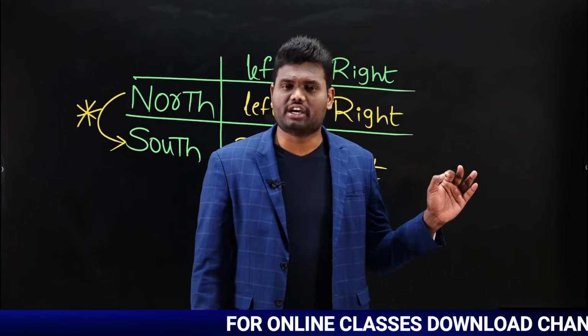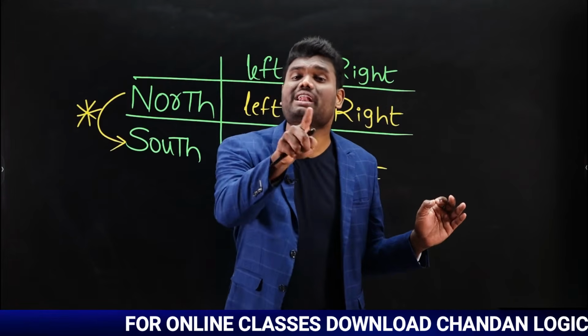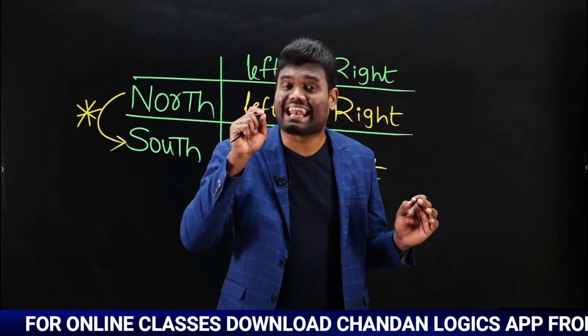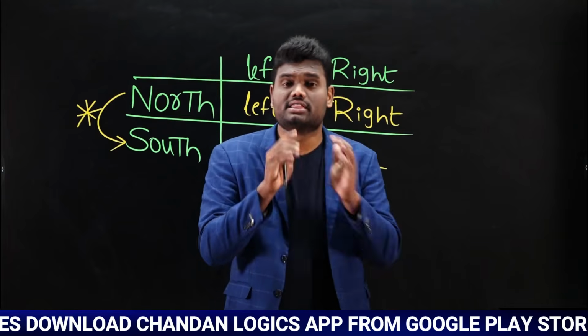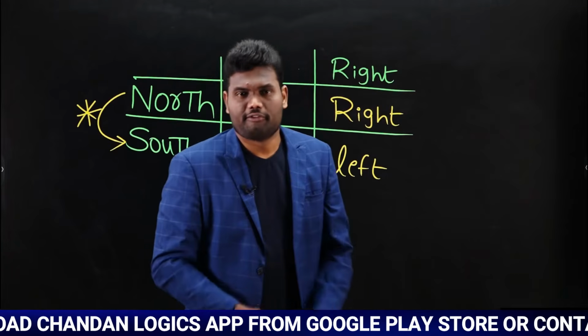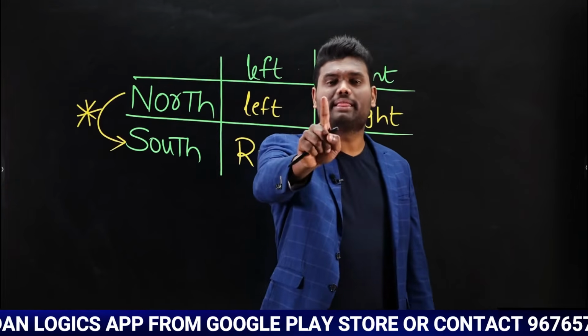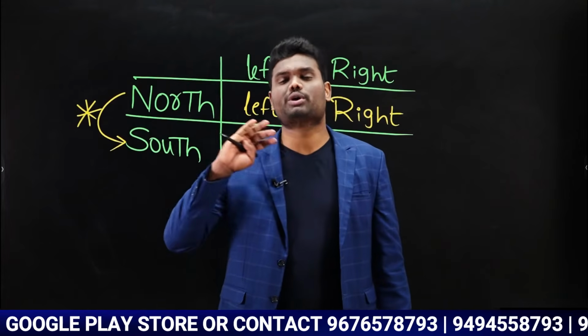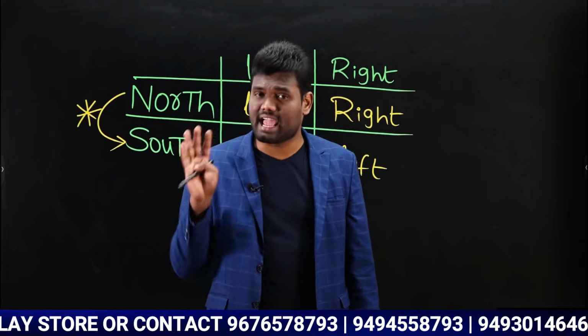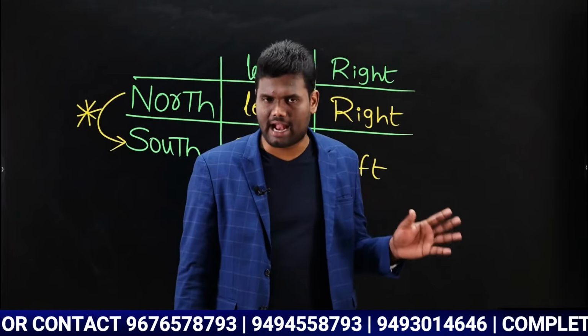When I say left, you need to go towards your right hand side. When I say right, you need to go towards your left hand side. This is a very, very important point. When the person is traveling towards south direction, if I say left, they need to go towards your right hand side, and if I say right, they need to go towards your left hand side.